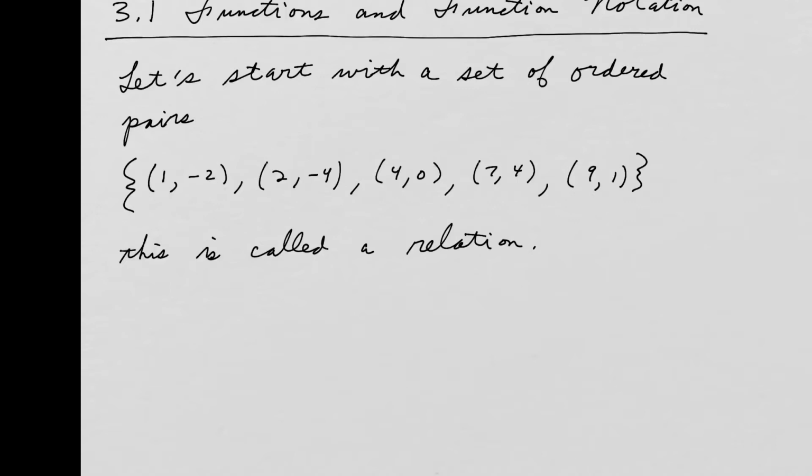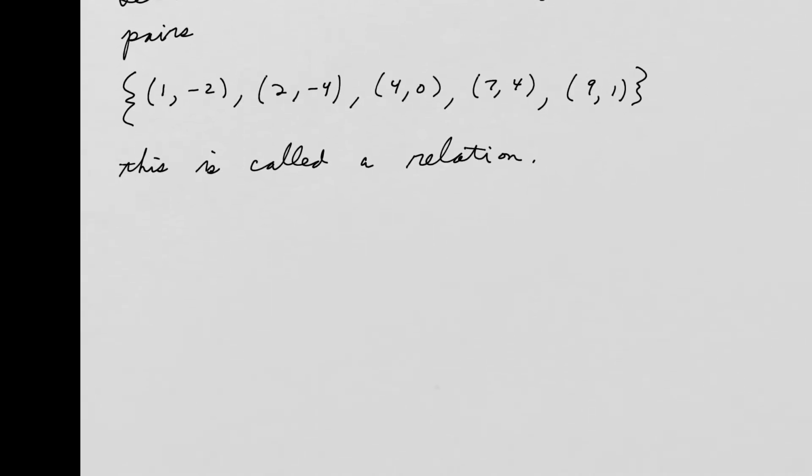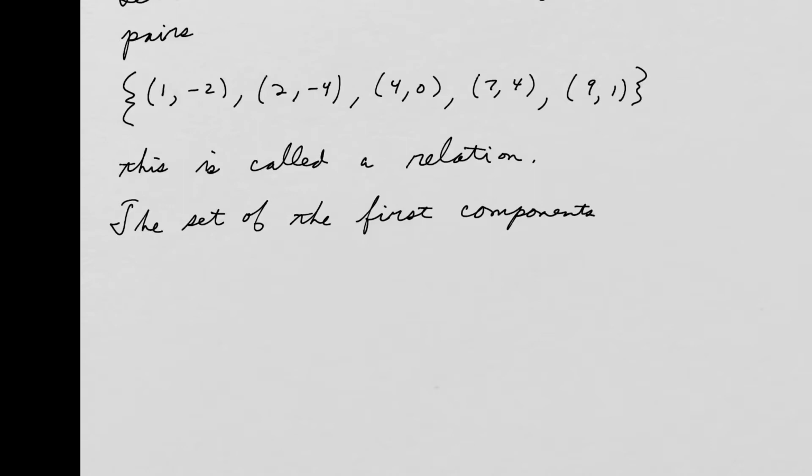The set of the first components of the ordered pairs is called the domain.